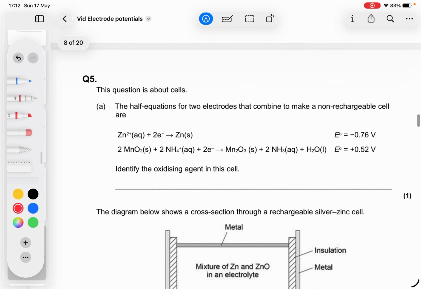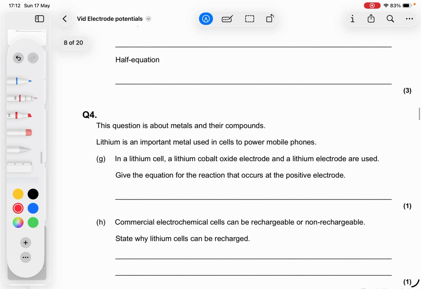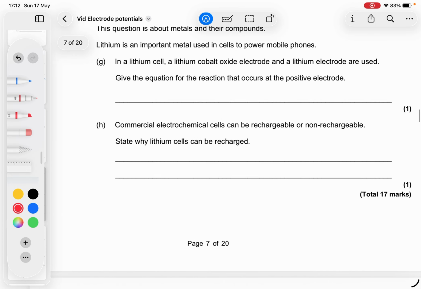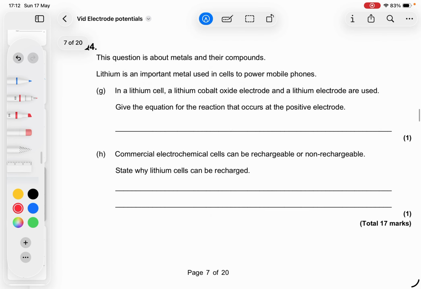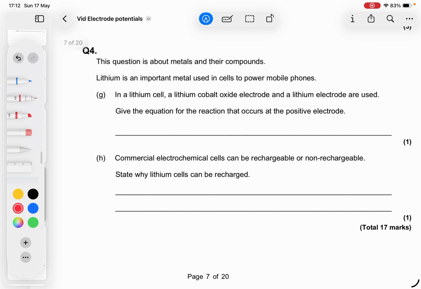Just to finish off, let's look at one more question here, which hopefully will help us to understand. Actually, one other thing I just want to cover, and that's this question here. Commercial electrochemical cells can be rechargeable and can be non-rechargeable. State why lithium cells can be recharged. The answer is that the electrode reaction can be reversed.